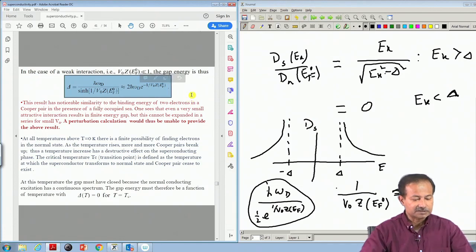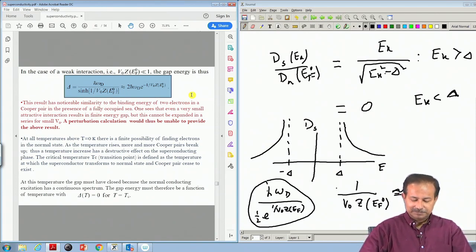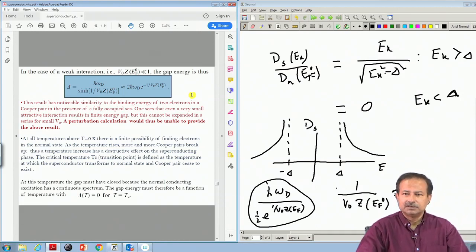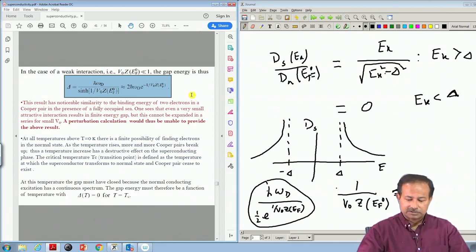Now, if you look at this result, it is very similar to the one we obtained for the Cooper problem. So, this is a verification, or a sort of justification, of the Cooper problem even in the many body situation. Remember, the Cooper problem was for only 2 particles, blocked by the Fermi sea, and the Fermi surface was very important in that calculation.